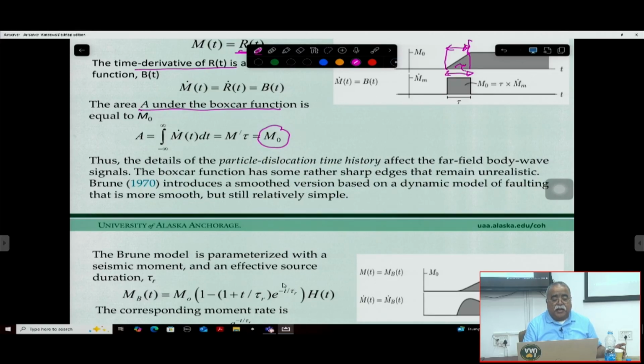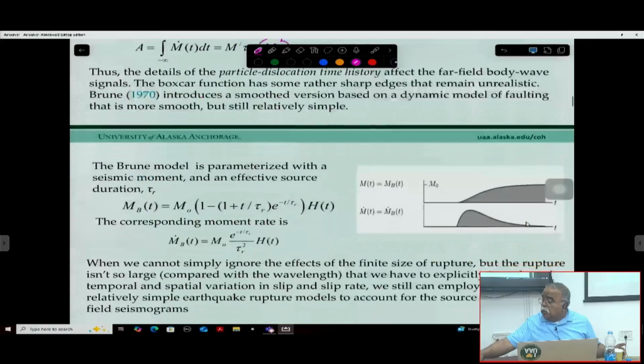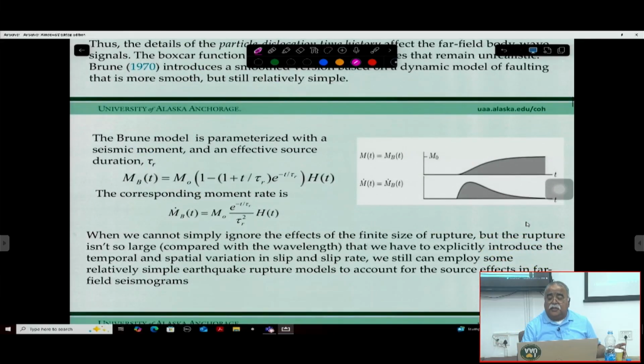According to him, the model is just like this one. This is basically the rise, but this rise has some sort of an exponential increase, and that will look like a picture like this.